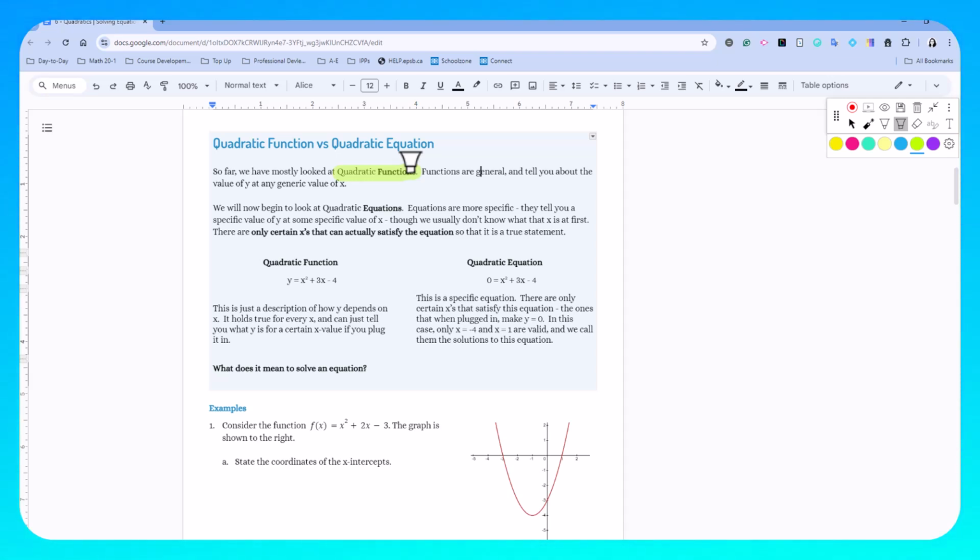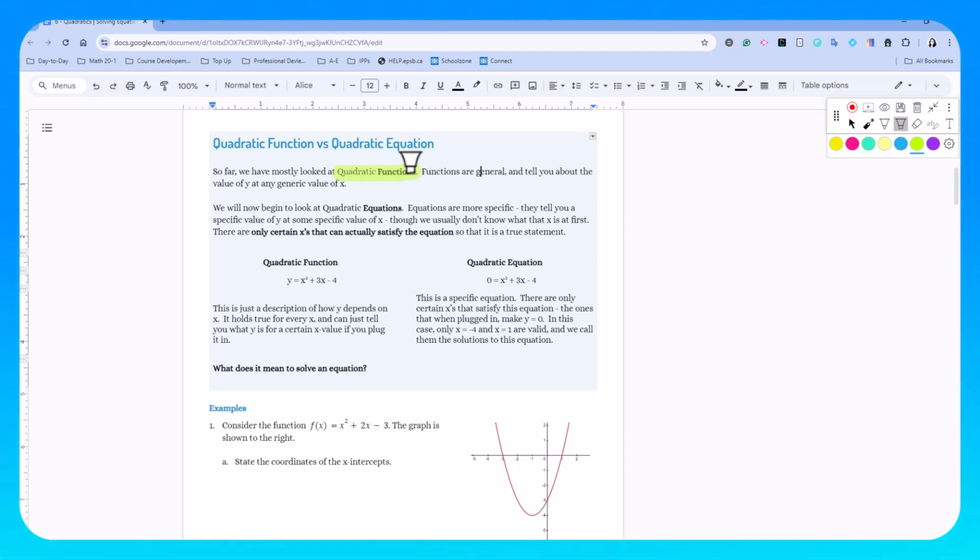However, quadratic equations are a little bit more specific. They actually tell you a specific value of y at some specific value of x, though we don't usually know what that x value is. And then we're asked to determine it.